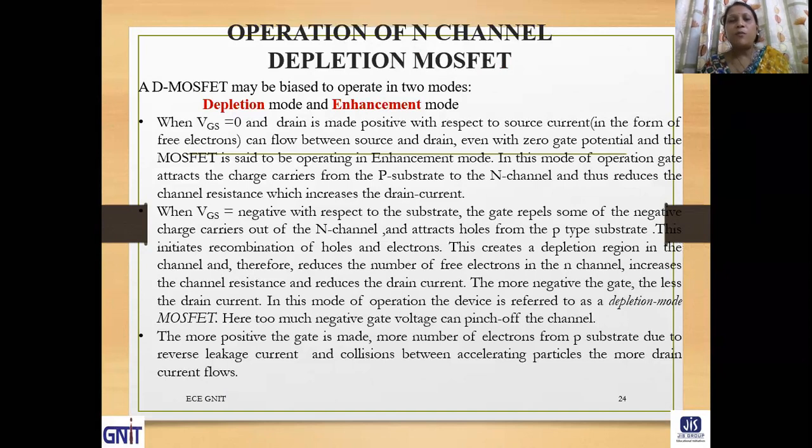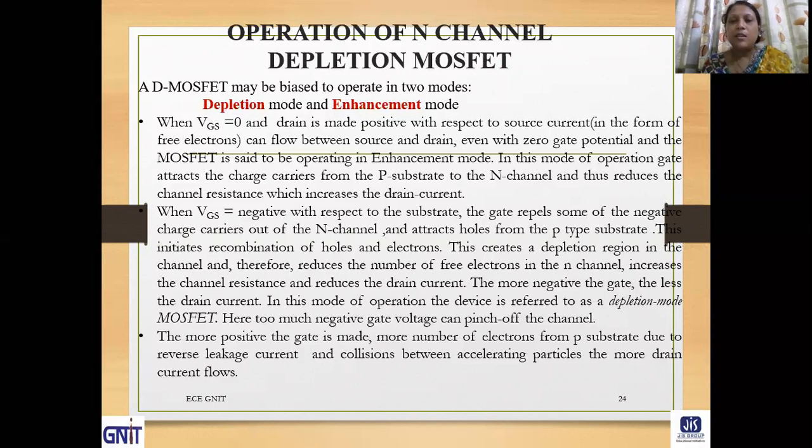In this mode of operation, the gate attracts charge carriers from the P substrate to the N channel, thus reducing the channel resistance, which increases the drain current. But when VGS is negative with respect to the substrate, the gate repels some of the negative charge carriers out of the N channel and attracts holes from the P-type substrate.